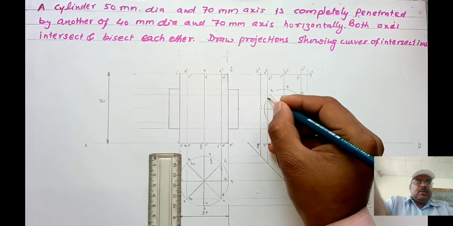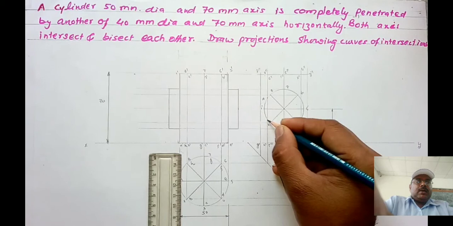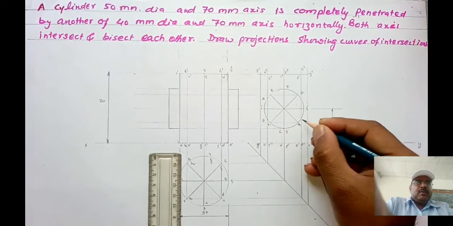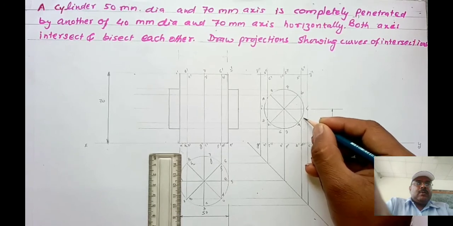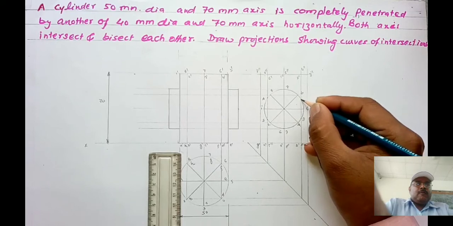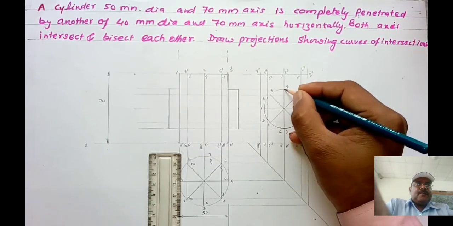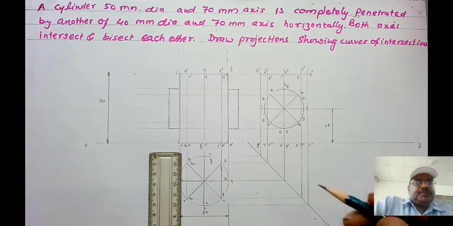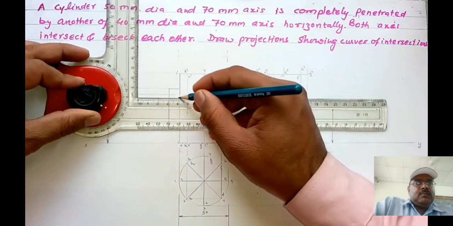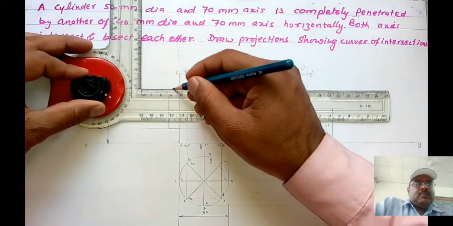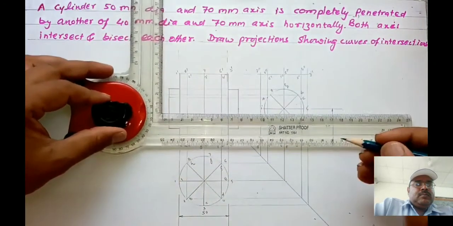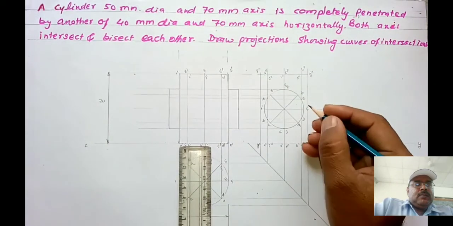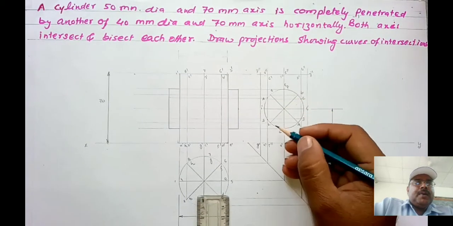Then we have to mark the intersection point as shown in the figure. Okay, we have to mark the point of intersection.